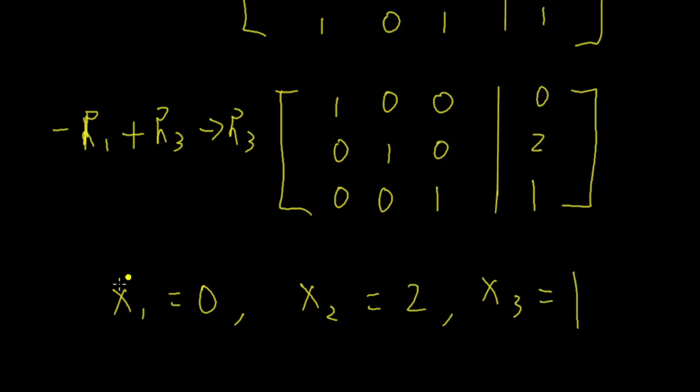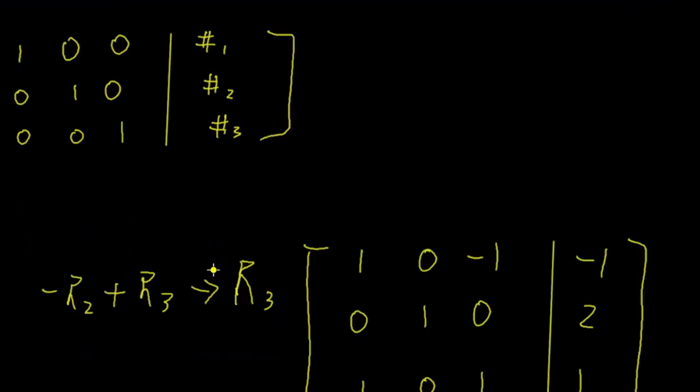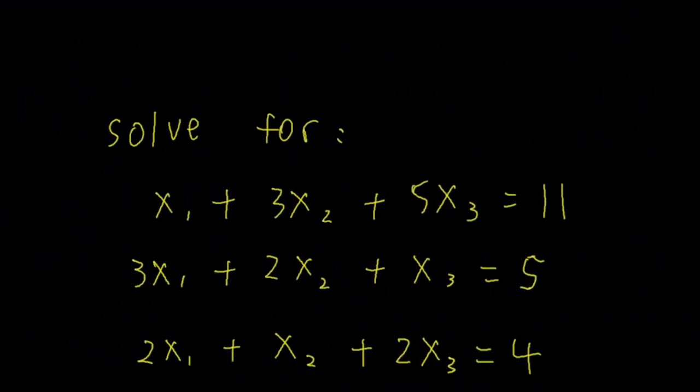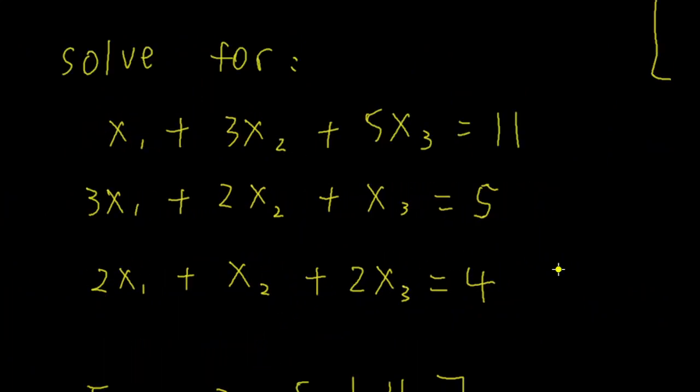So that's the solution to the system of equations here. If you want to validate whether they are correct solutions, all you need to do is substitute into x1, x2, and x3 and see if you can get the values here. If they satisfy all the equations here, then they're good.